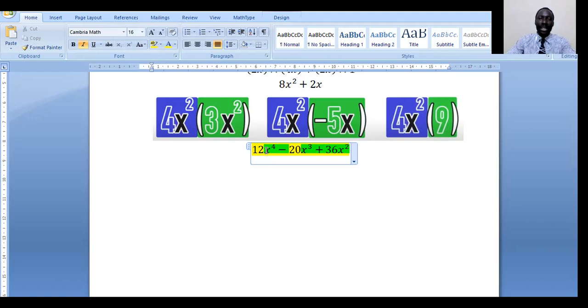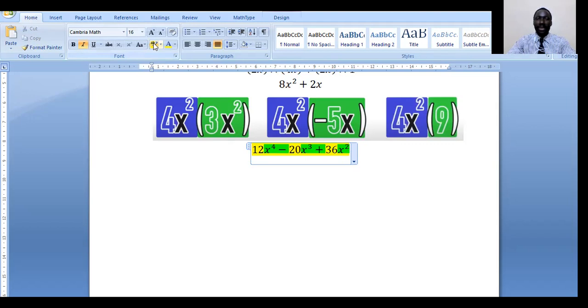For example, this one is x with exponent 4, this is x with exponent 3, and this other one is x with exponent 2. So much as we would have loved to combine them, there is no way we can, because these are coefficients of different quantities.